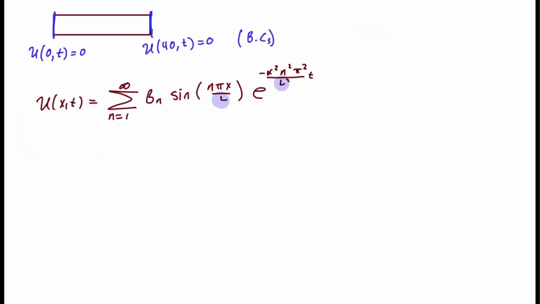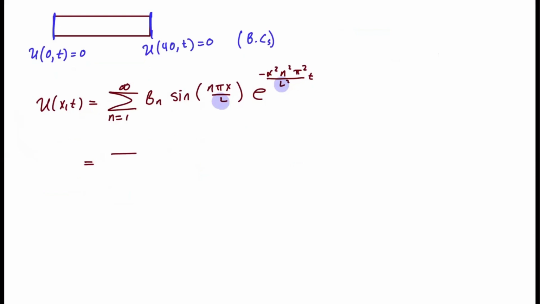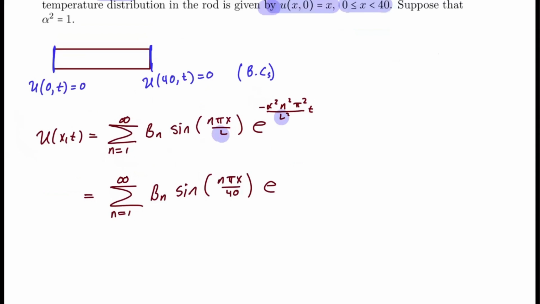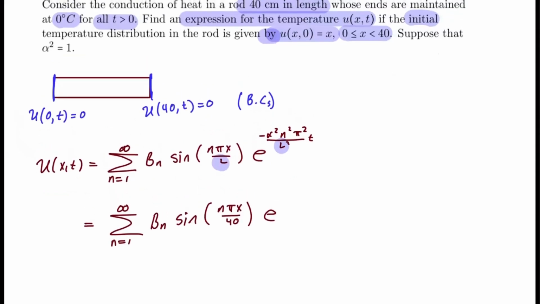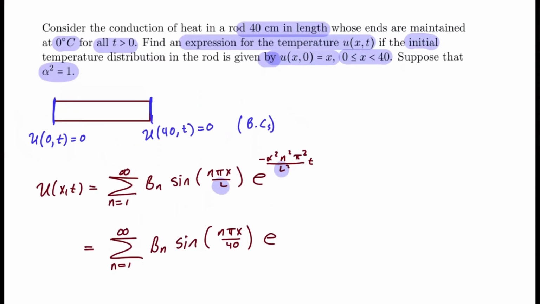Now we're going to substitute our L value here and here. So our solution satisfying the boundary condition would look as follows: the sum from 1 to infinity of some constant bn times sine of n pi x over 40, since L is 40, times e to the power of... now where is alpha squared? We're given alpha squared right here in the problem. It is 1, and we know L is 40 because that's the length of the rod.